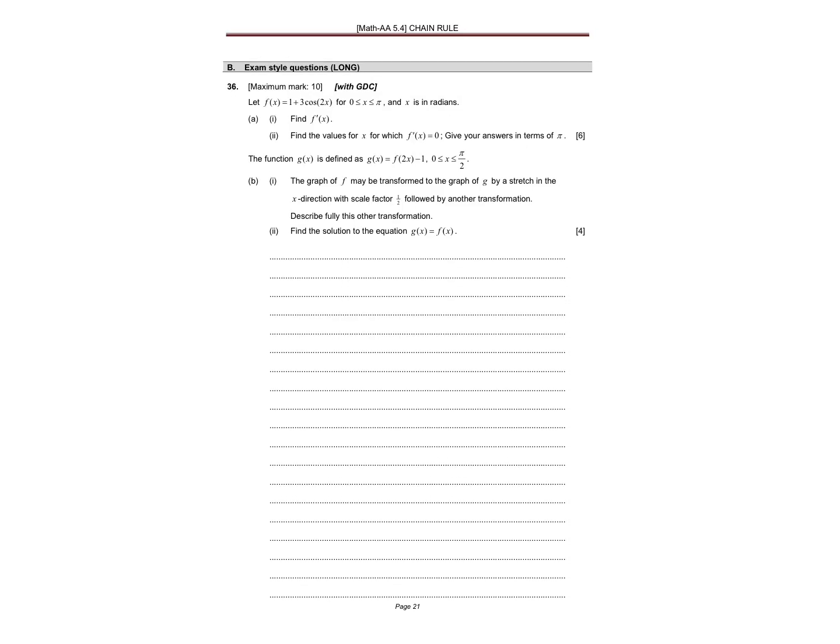All right, now we need the derivative of f. So that's going to be 3 negative sine 2x times 2. So negative 6 sine 2x. And now part (b). Find the values when the derivative is 0. Give your answer in terms of pi. So we've got negative 6 sine 2x equals 0.